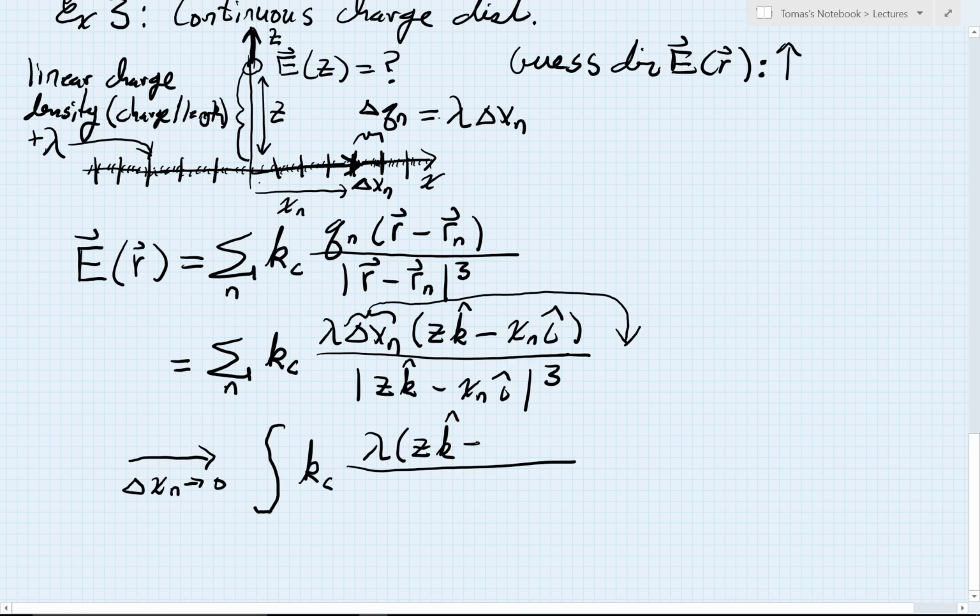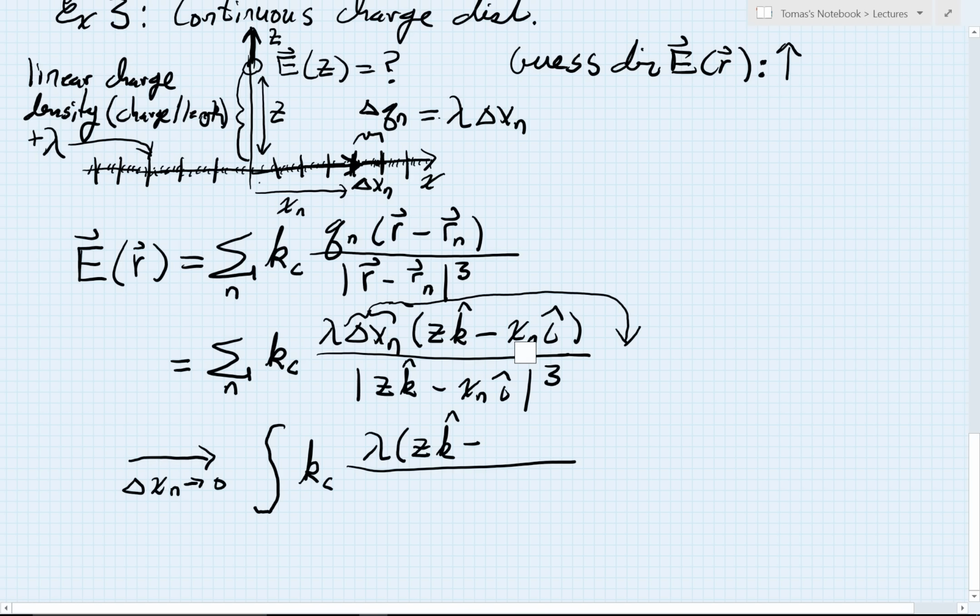minus. Now here, something interesting is happening. These x sub n's are the variable that I'm summing over. I've divided x sub n into a series of intervals, delta x sub n. So this delta x sub n refers to my integration variable, as does also my x sub n. And when this carries over to an integral, my integration variable is going to be x.